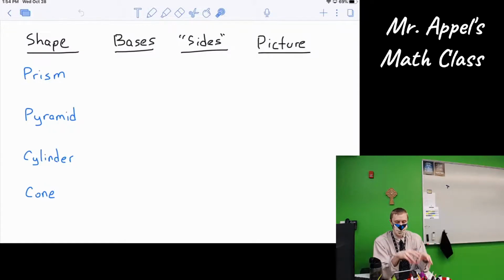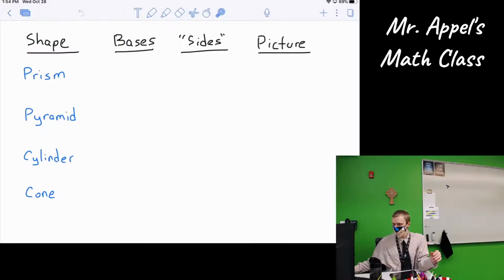But I'm going to go through and we're going to define what are actually the unique traits that set these shapes apart, okay? So that you can identify them in different formats and then practice drawing them. I'm going to show you some tricks in drawing 3D objects. It's almost like an art class here, right?